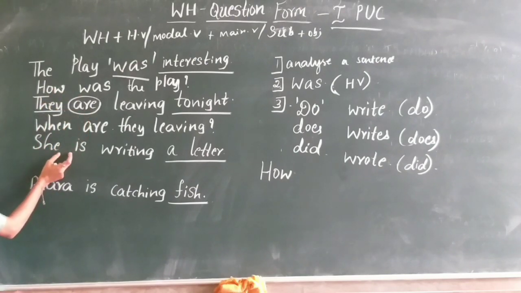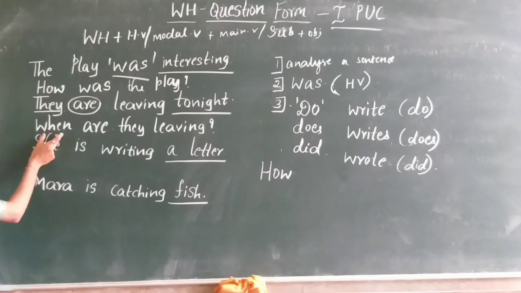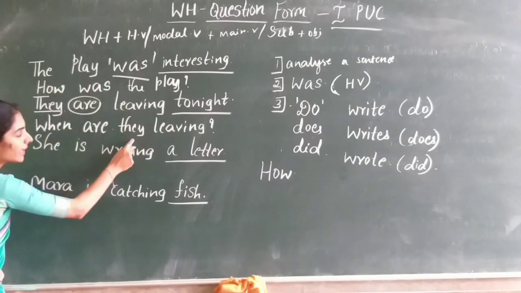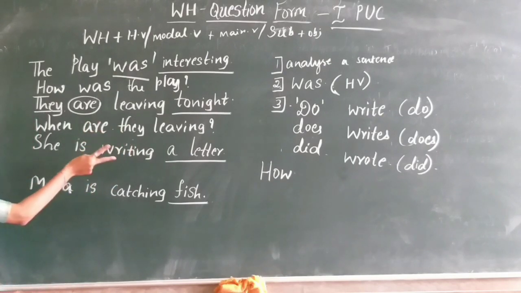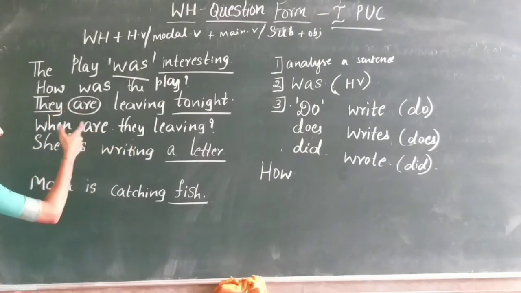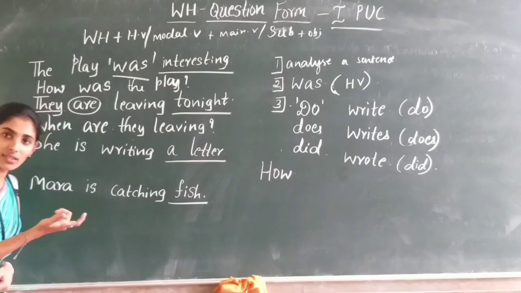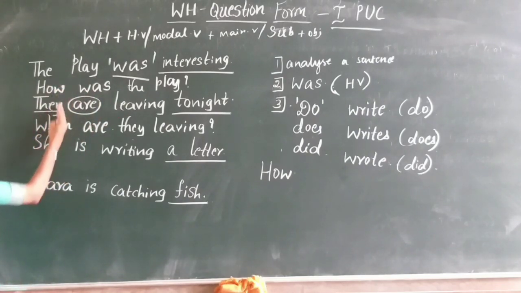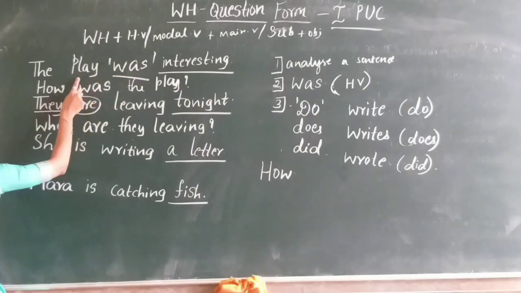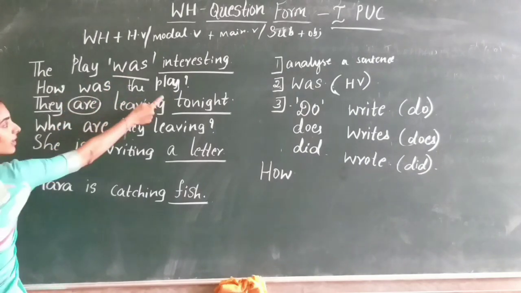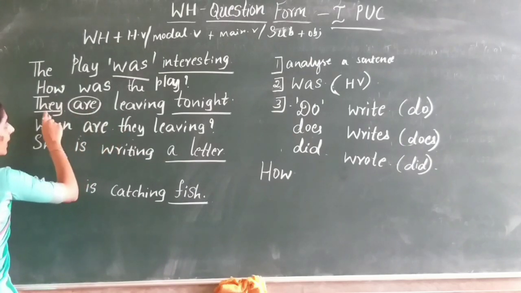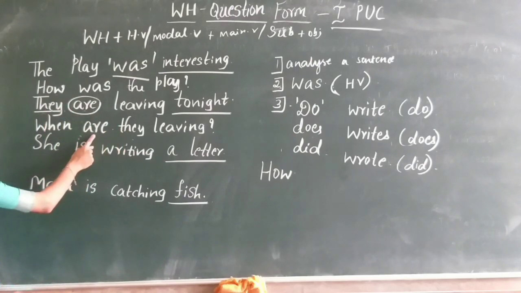But while framing a question, you have to write first WH and then you have to write are, and then you have to write they. So you have to invert the subject and verb while framing a WH question. Simple as that. Same here. How? This is the WH, and then look at this: was and play. Here it becomes was the play. And here, they are, are they?